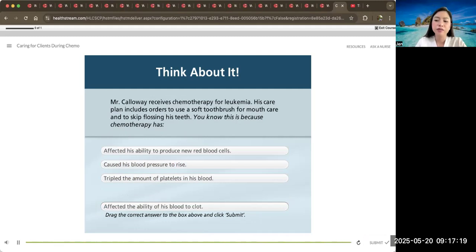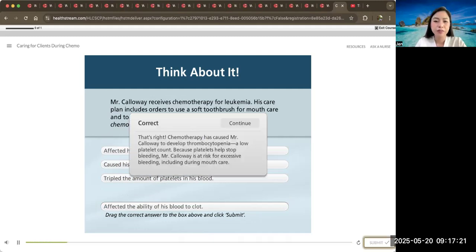That's why, because he has thrombocytopenia. That's right. Chemotherapy has caused Mr. Calloway to develop thrombocytopenia, a low platelet count. Because platelets help stop bleeding, Mr. Calloway is at risk for excessive bleeding, including during mouth care.